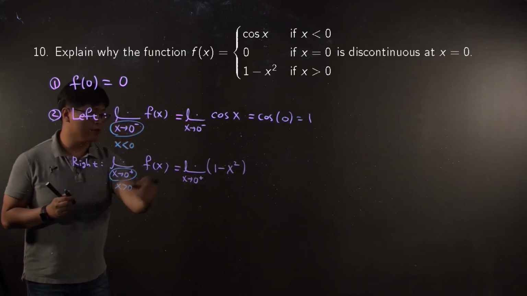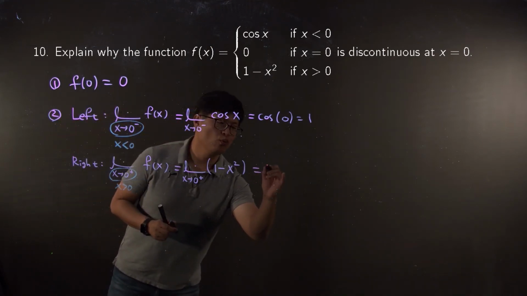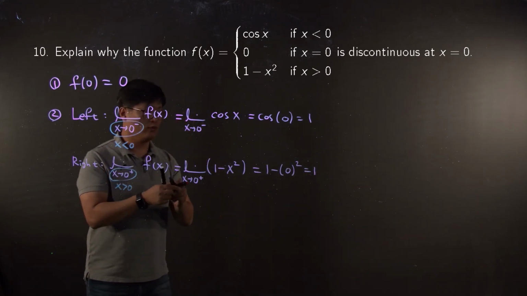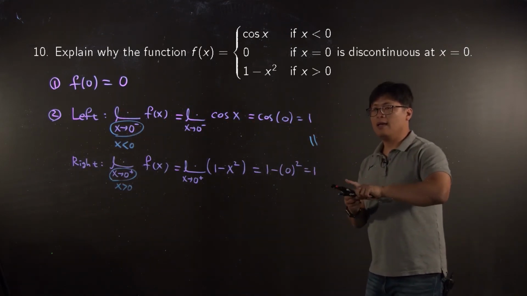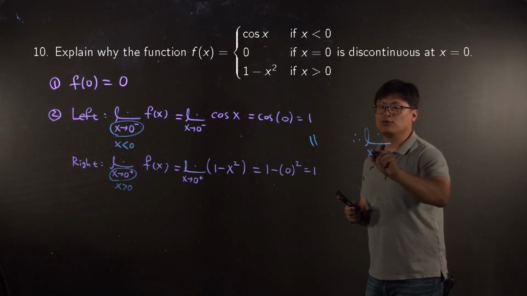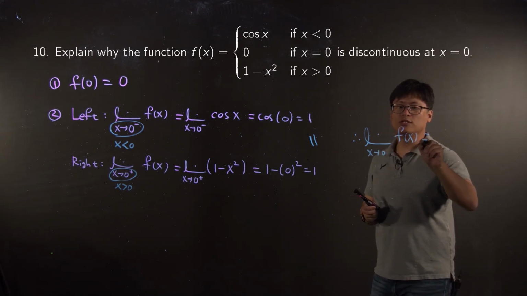Again, we can evaluate this by plugging in 0, which gives 1 minus 0 squared, equal to 1. Ooh, they are equal to each other. Then I can say there is a limit at x equals 0, which is 1.